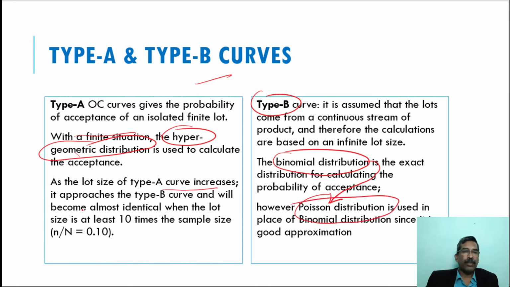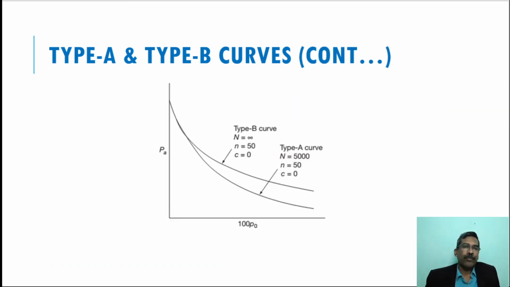Now, as lot size increases, the type A curve approaches the type B curve. So if the lot size is very large, then it will be very close to the type B curve.